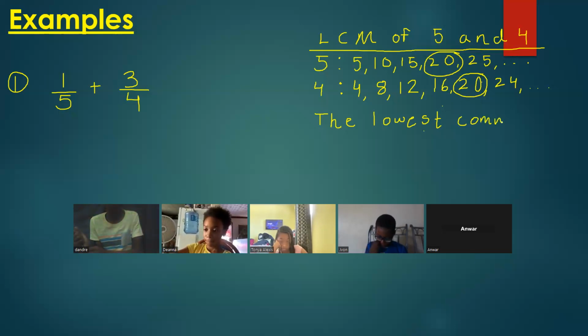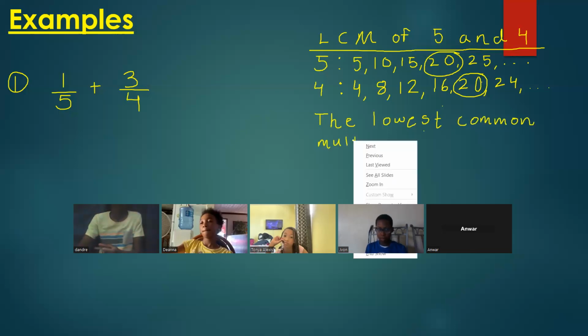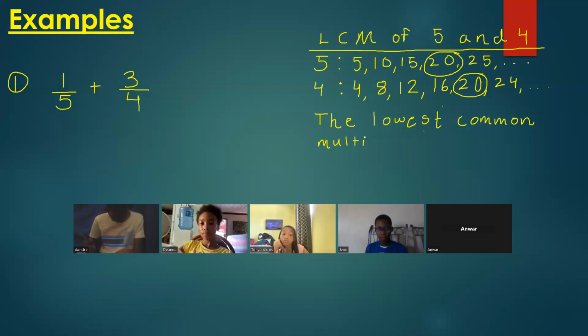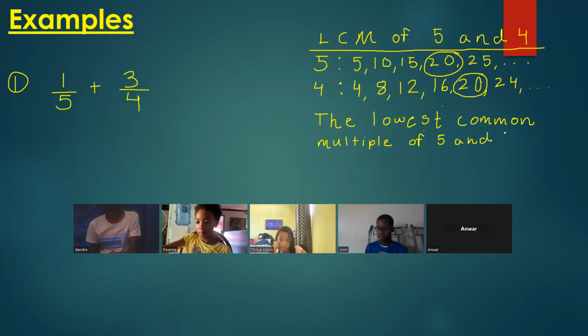The lowest common multiple of 5 and 4 is 20.